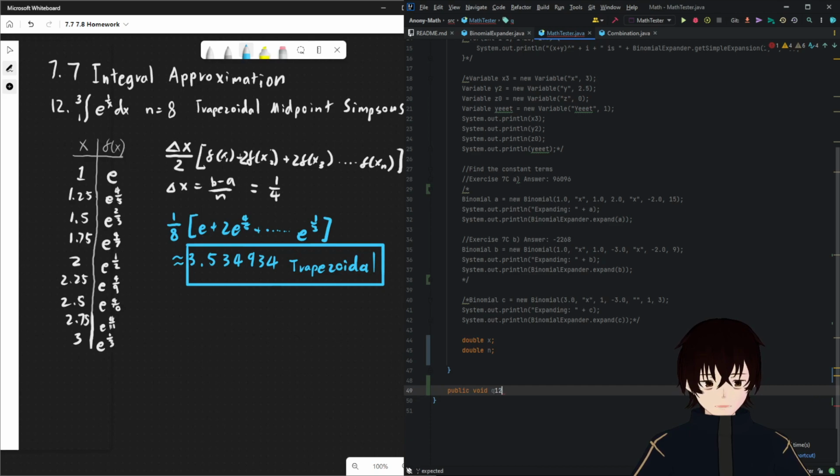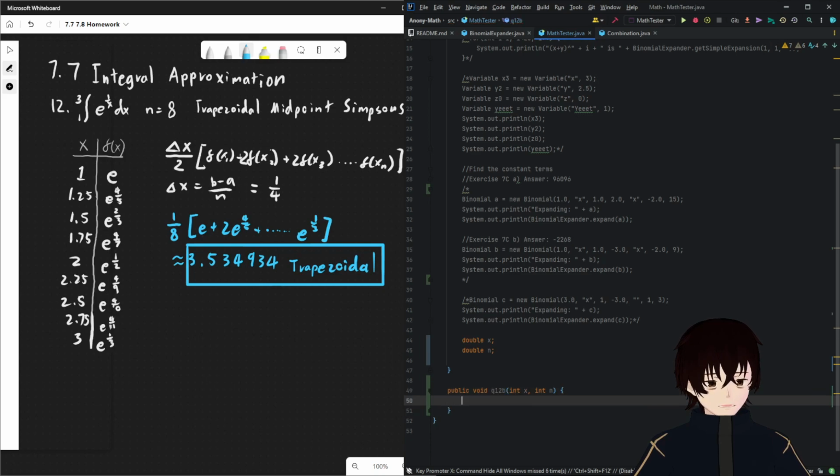Public void question 12. Int x, int n. Let's go 12b. Or rather, this would be reusable, so we don't even need to do this. No, we need a and B. Let's do it all here.